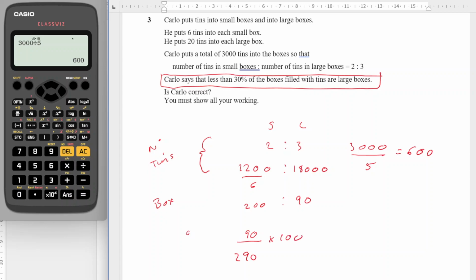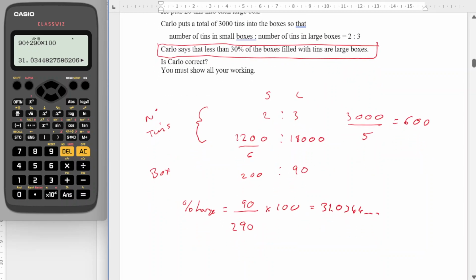That will give me the percentage of large. So 90 divided by 290 times by 100 gives me, as a decimal, 31.0344. So I haven't rounded it.